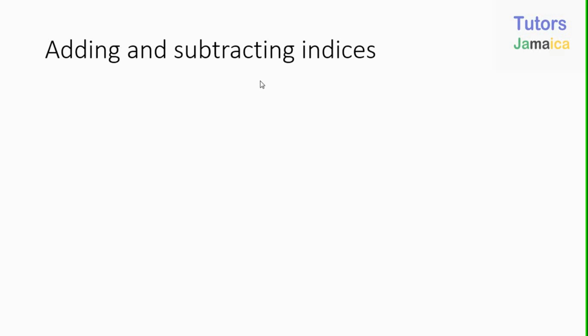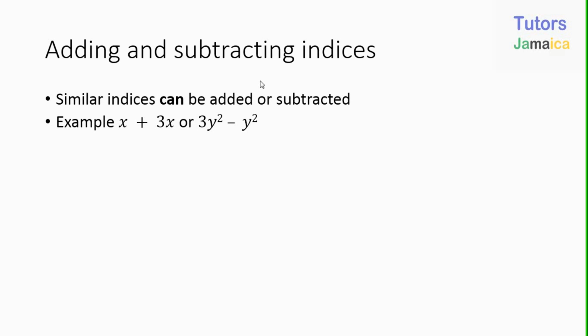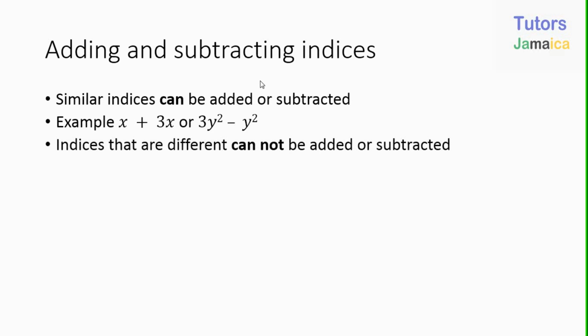So, adding and subtracting indices. What we need to know is that similar indices can be added or subtracted. Example, x plus 3x or 3y squared minus y squared. Indices that are different cannot be added or subtracted.